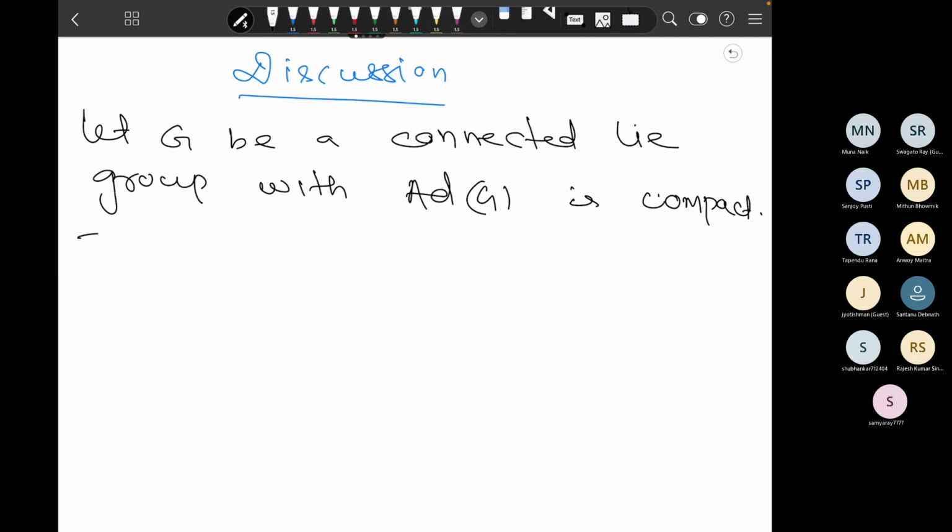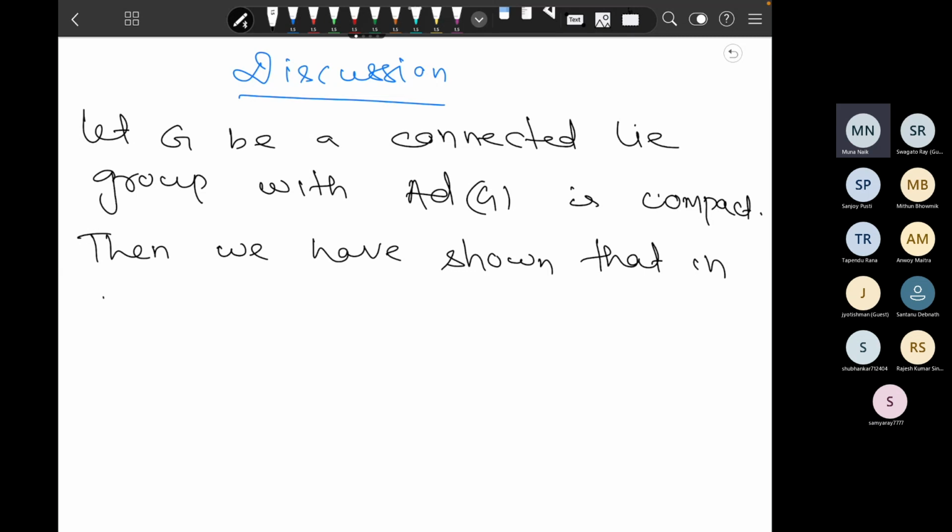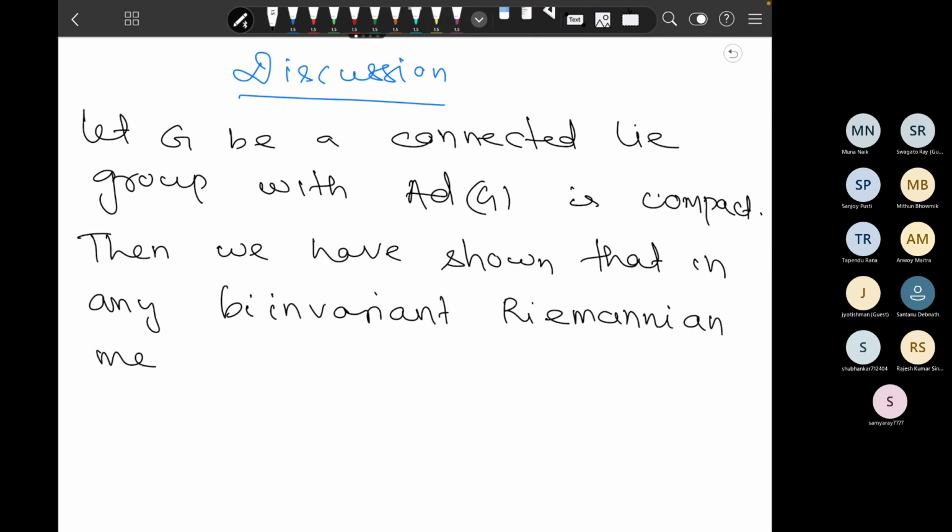Then we have shown that in any bi-invariant Riemannian metric on G, G becomes a Riemannian symmetric space.